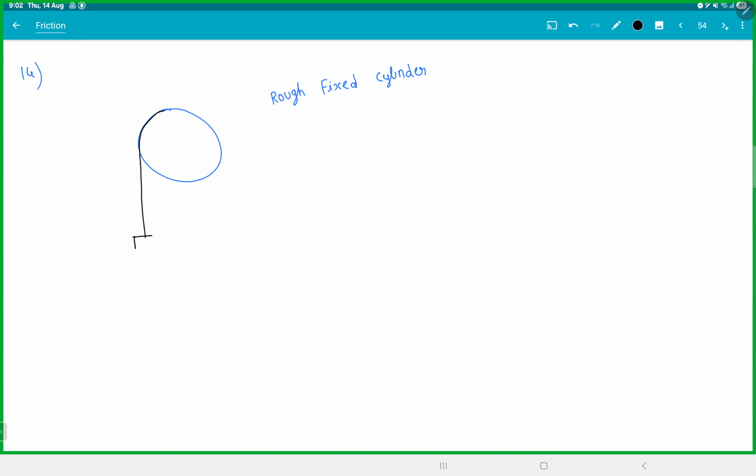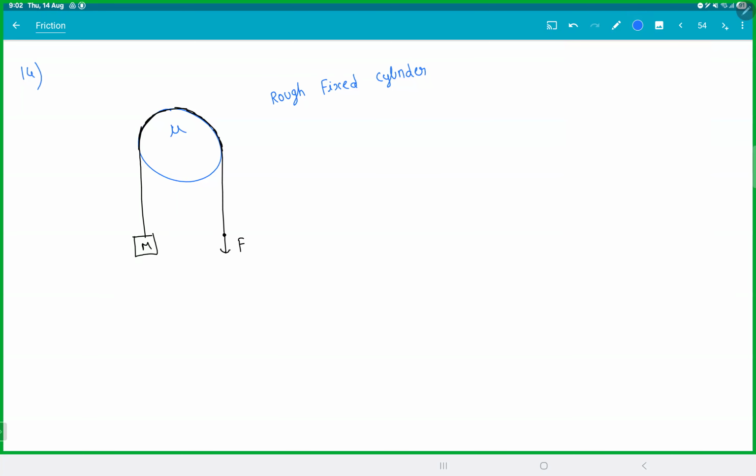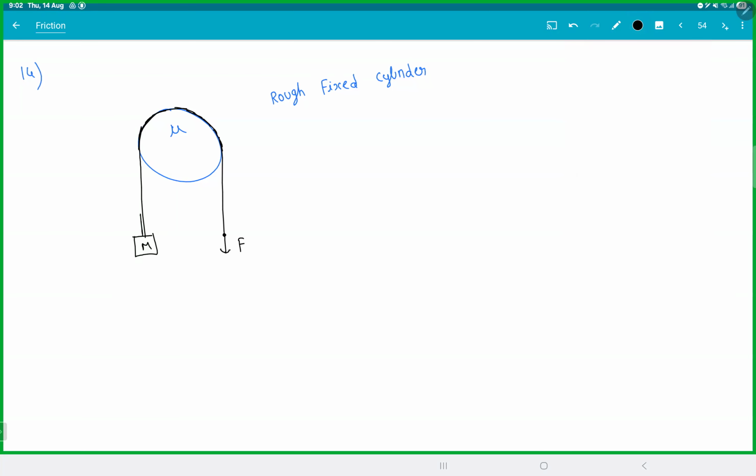You took a rope here and you attached a block of mass M. On the other side, you have a force F. And the cylinder's friction is mu. This is a massless rope. Let me just add some thickness.